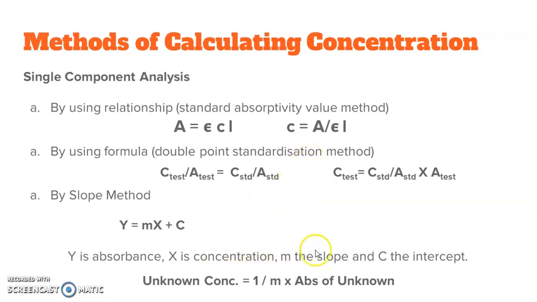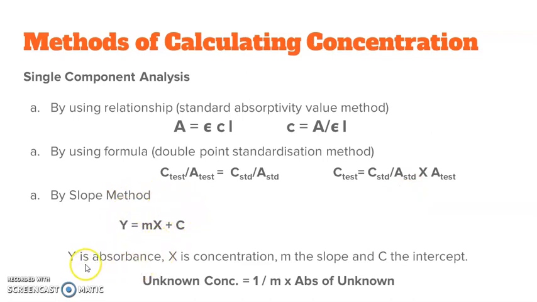We take the absorbance of these prepared dilutions and plot absorbance versus concentration. As I increase the concentration, the absorbance will increase proportionally. So we get a straight line like this, and it obeys the equation for a straight line.